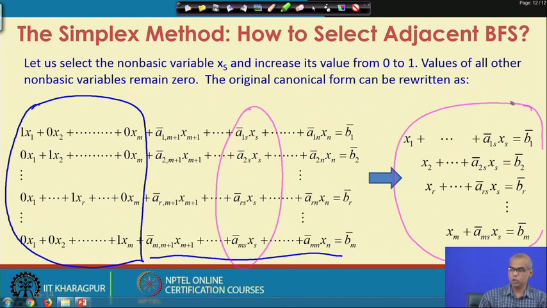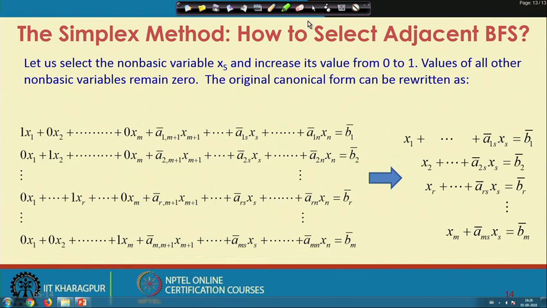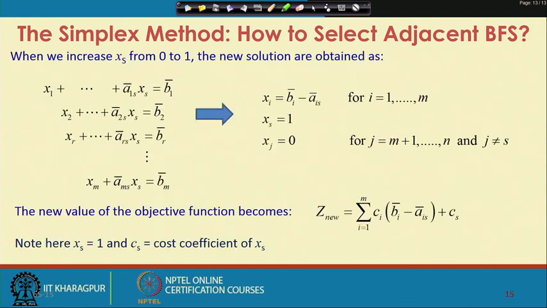It was x1 equal to b1 bar, x2 equal to b2 bar, etc. Now, it will be x1 plus a1s bar xs equal to b1 bar, x2 plus a2s bar xs equal to b2 bar, and so on. So, when we increase xs from 0 to 1, we get a new solution.